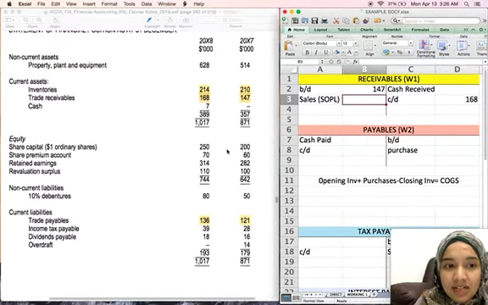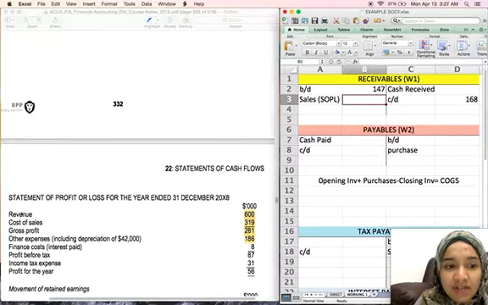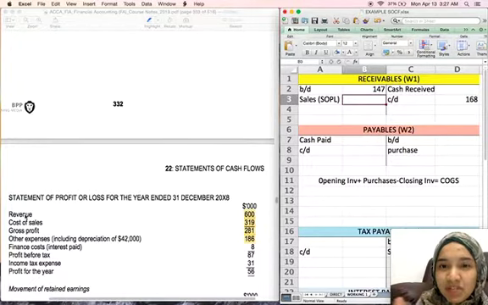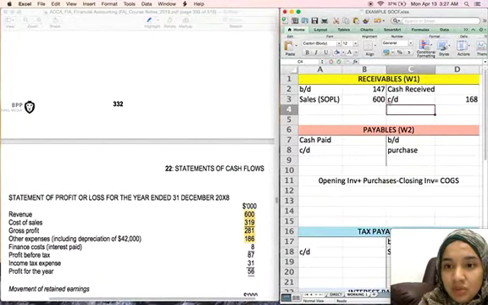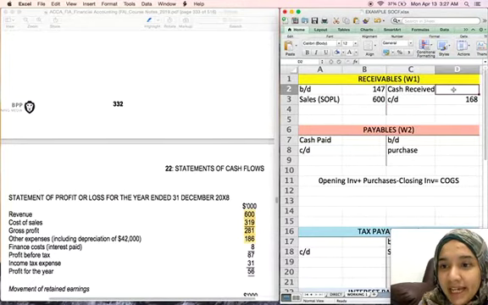Isn't it? So, what else is related to receivables? You have to look at the SOPL, your revenue. Revenue is part of your sales, isn't it? When you make a sale, you debit receivable, credit sales. Unless it's stated otherwise, like cash sales. But if they don't say anything, we will consider it as a credit sales. Okay, so sales 600. You calculate how much cash you will receive during the year.